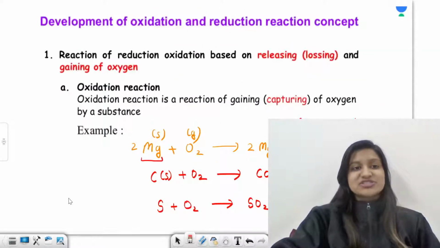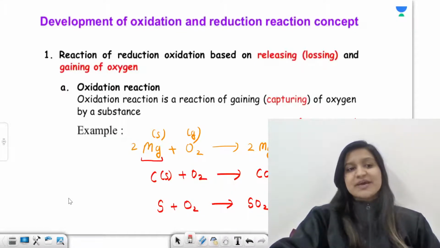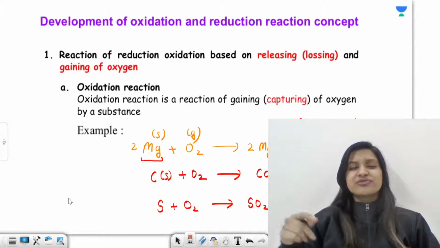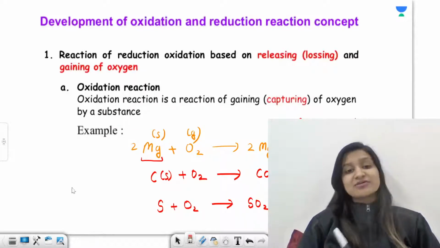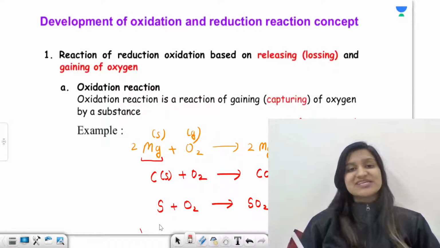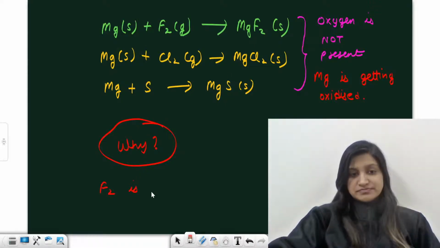We did reduction, then we did the development of oxidation reduction concept on the basis of addition or removal of oxygen. So we saw that whenever we add oxygen, we say that here magnesium is getting oxidized, carbon is getting oxidized, sulfur is getting oxidized in this manner.